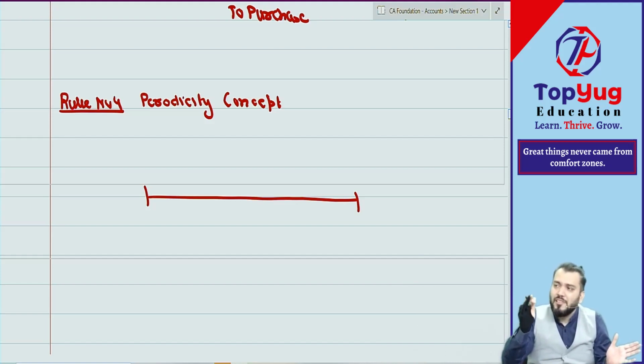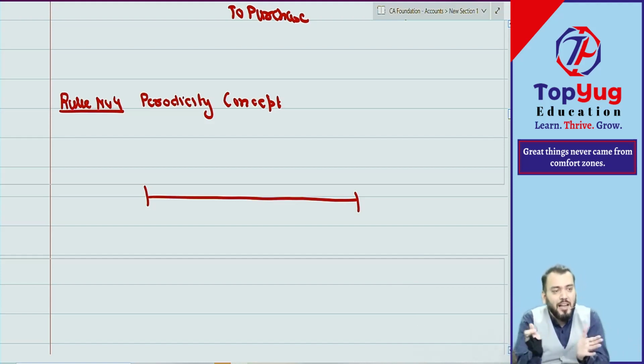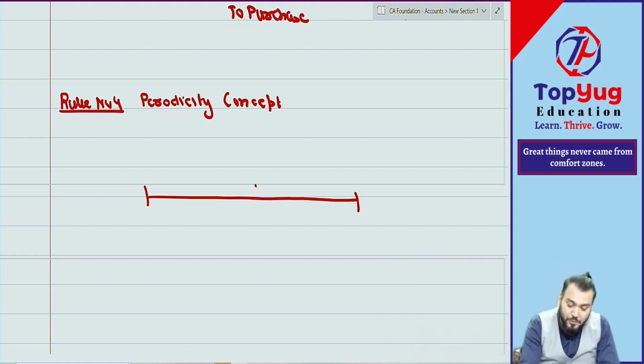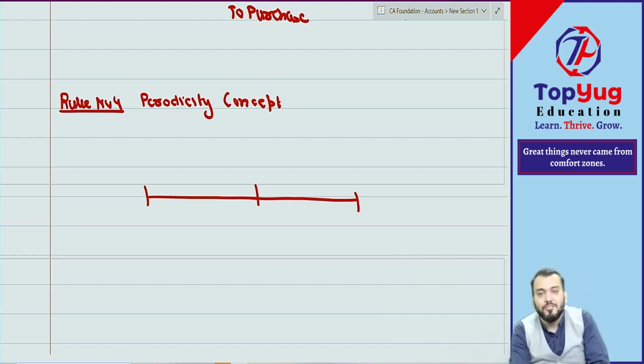To understand the business language, we should divide the life of the business into small units, and that unit is known as the accounting period, correct? So suppose this is the life, and we divide it into two accounting periods, and for every accounting period we prepare the financial statement.